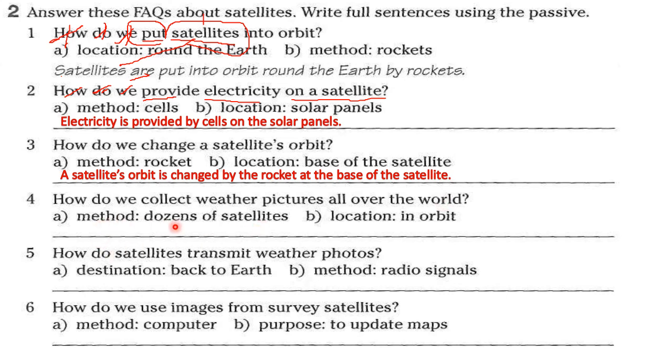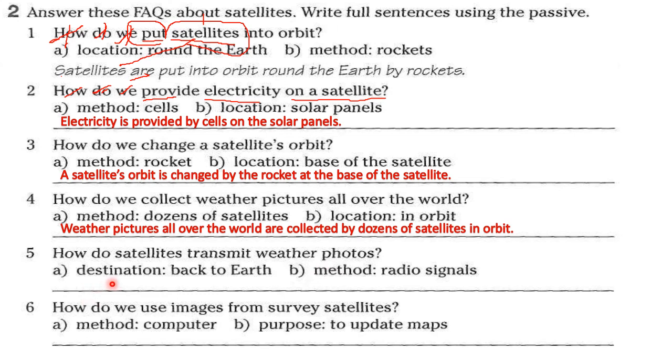Now, the method, dozens of satellites. And the location, in orbit. The answer is weather pictures all over the world are, because pictures is plural, collected by dozens of satellites in orbit.